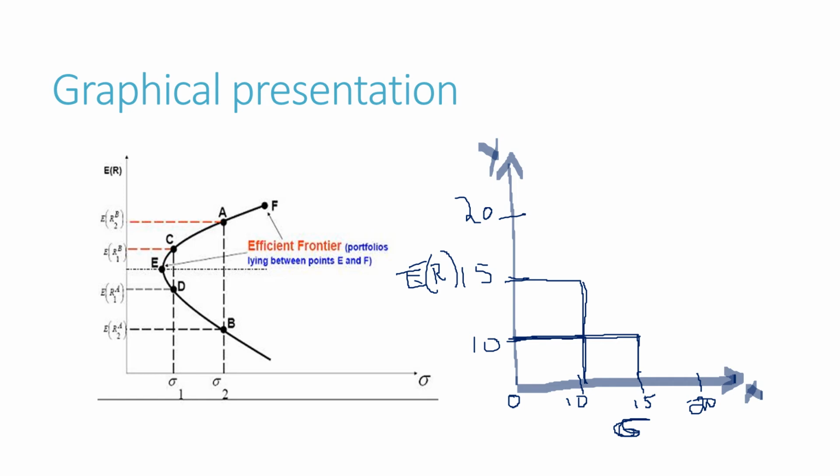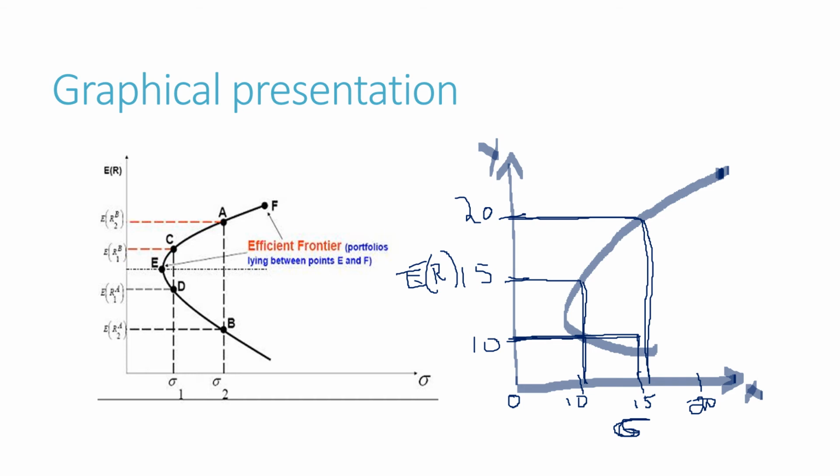So how is the efficient frontier going to be formed? Here, the maximum returns and maximum risk point, that is 20, is the highest point. From this point, I am going to draw the curve.